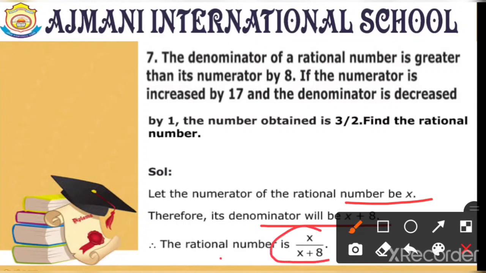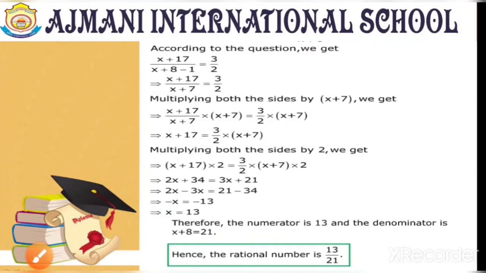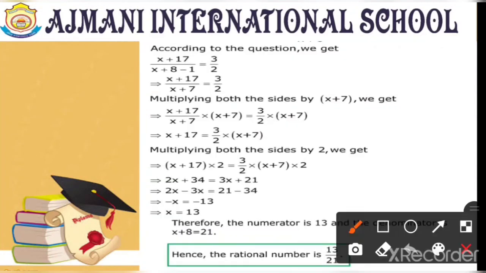Numerator is x and denominator is x plus 8. Now, if we are adding 17 in the numerator and we are subtracting 1 from the denominator, we will get 3 by 2. So what we got? x plus 17 in the numerator and x plus 7 in the denominator, that is equal to 3 by 2.